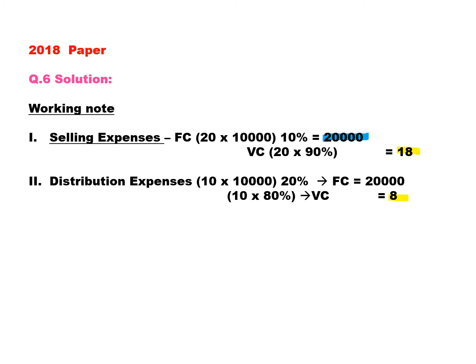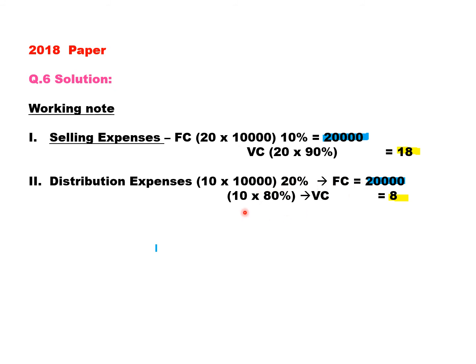Second working note, we need to look into distribution expenses. Distribution expenses 20% is fixed. 10 rupees into 10,000 units, you get 1 lakh, into 20%, you get 20,000 fixed cost. The other way, 10 rupee into 20%, you get 2 rupee, into 10,000, you get the same 20,000.